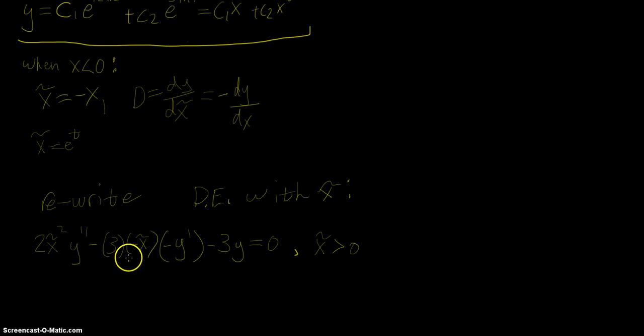So this is a positive term minus 3 times -x tilde, since it should be clear why, and -y prime, minus 3y equals 0, and this is where x tilde is greater than 0.